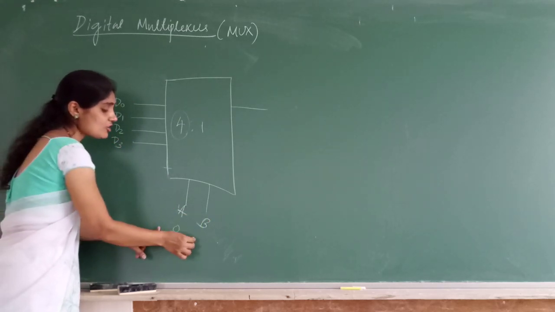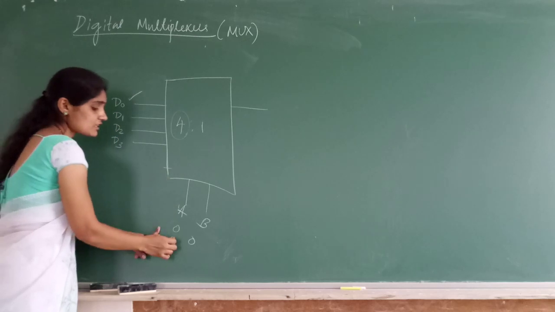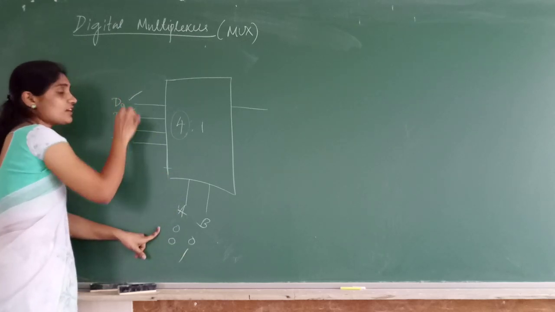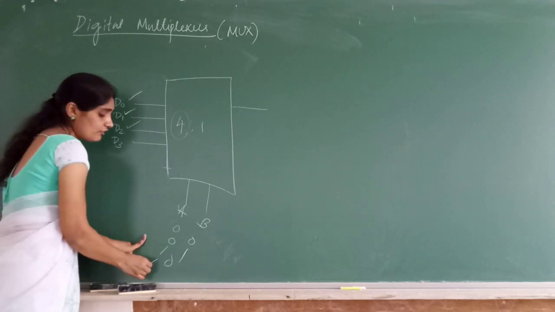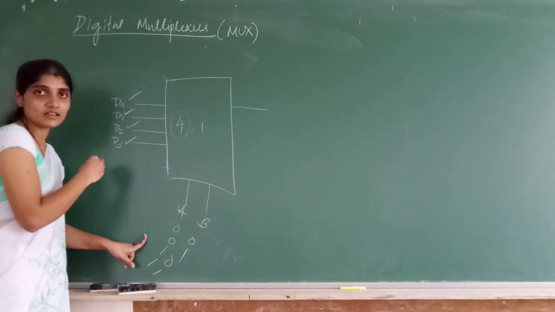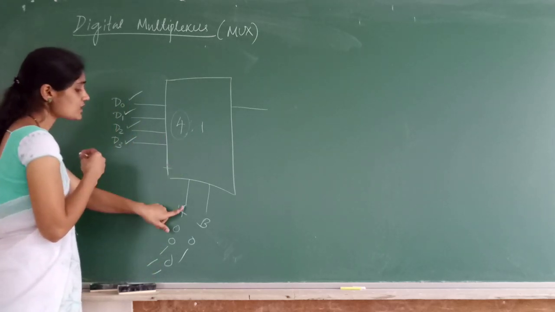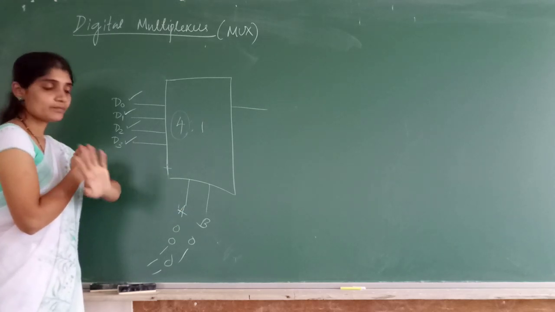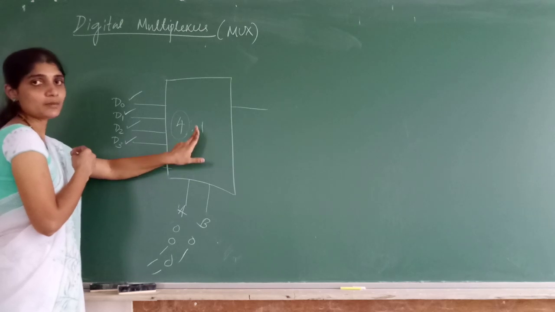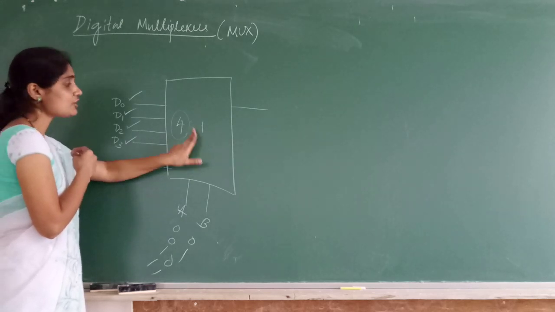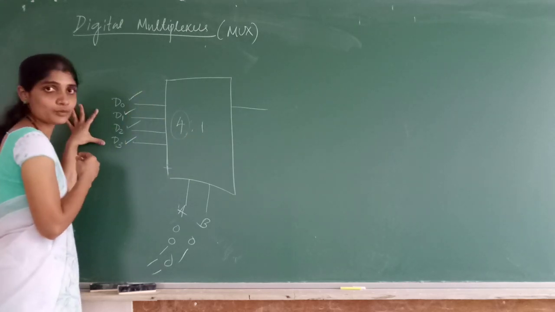If AB is 0 0, D0 is selected. If AB is 0 1, D1 is selected. If AB is 1 0, D2 is selected. If AB is 1 1, D3 is selected. So for a 4:1 mux, 2 select inputs are enough. Using these 2 select inputs, I can make the 4:1 multiplexer select 1 out of 4 inputs.